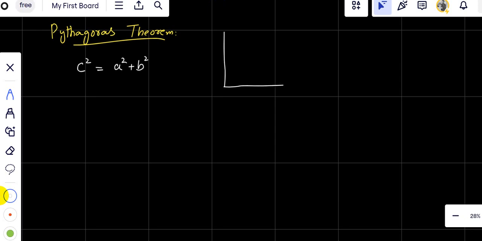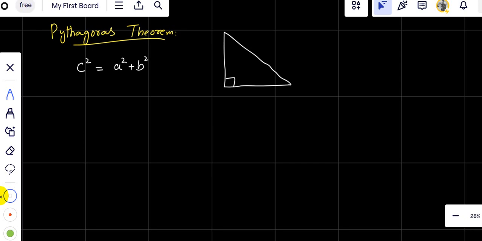These two lines are perpendicular to each other. These both are straight lines and they are making 90 degrees with each other. So we can say these two lines are perpendicular to each other. If I connect these two points and form a closed shape, now it is a triangle.